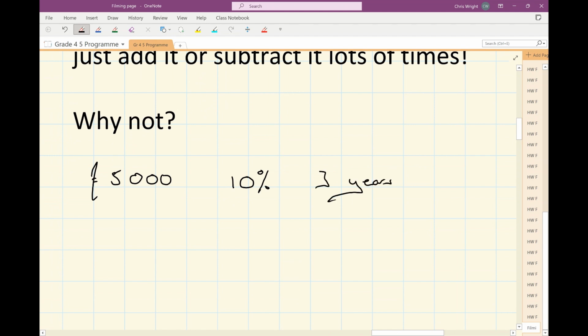Well, you might be tempted to find 10% of 5,000, which is obviously 500, and then simply say, well, you're going to get £500 a year, so that's 500 times 3, so we're going to get £1,500 interest in total. So now I'll have the 5,000, which I had to start with, plus another 1,500, gives me 6,500.